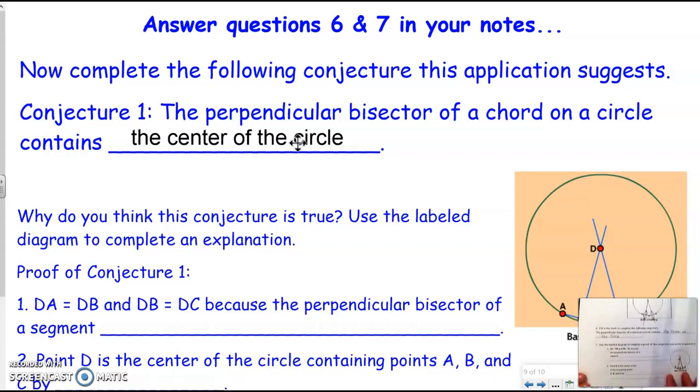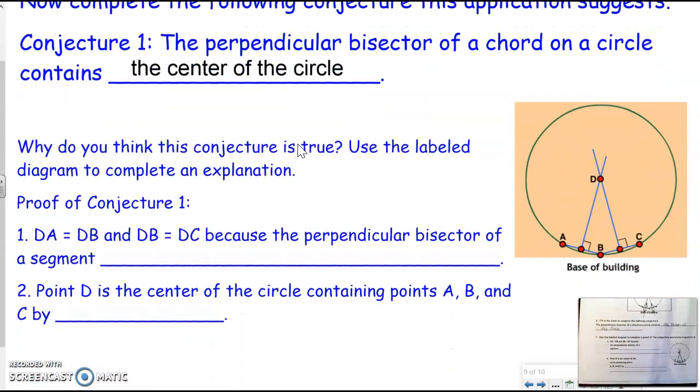Here is our proof. It says, why do you think this conjecture is true? We're going to have to remember some things about the perpendicular bisector that we've proven already. If I connect D to A and D to B, they are going to be congruent because any point on a perpendicular bisector is equidistant to the endpoints of the segment.